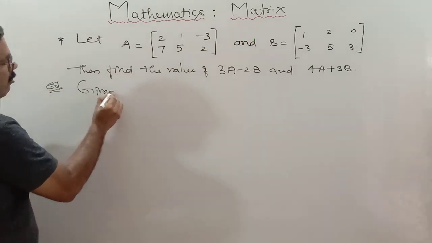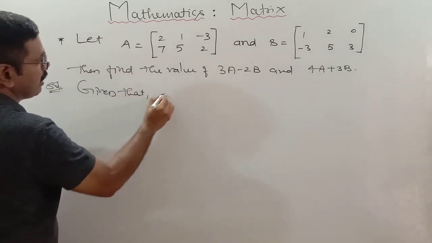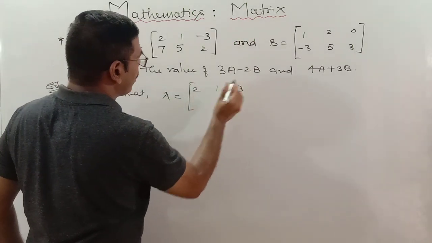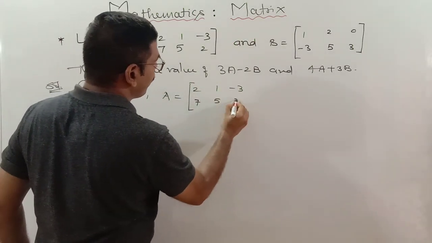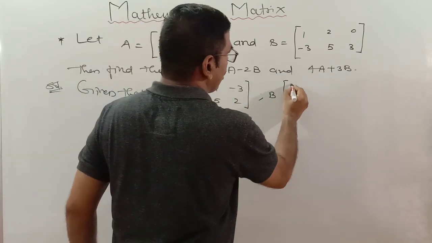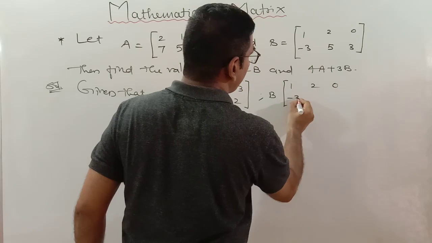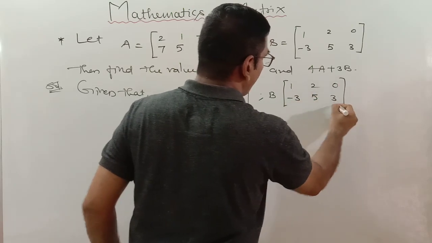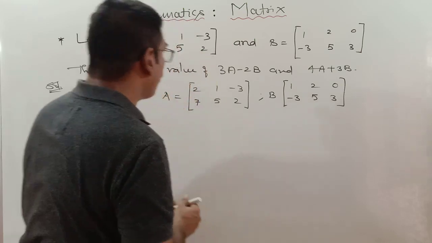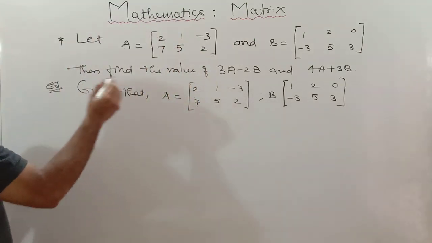Given that, very first we'll write given. A is equal to 2 1 minus 3 7 5 2, and what is B? It is 1 2 0 minus 3 5 3. Then we are directly writing the value of 3A minus 2B.